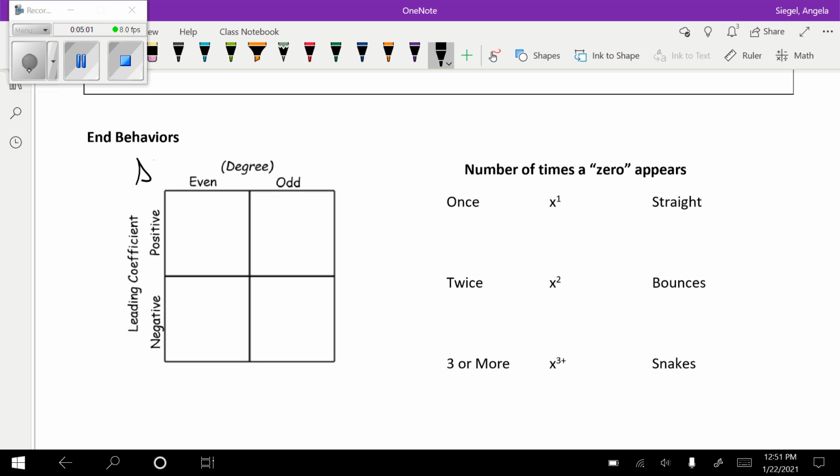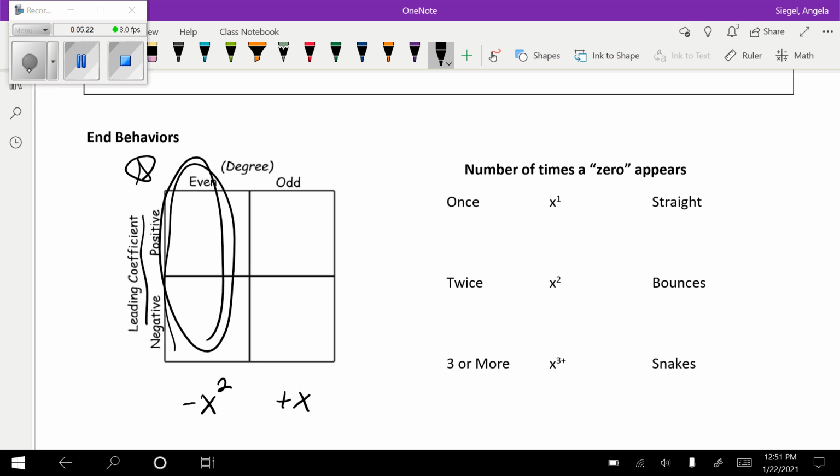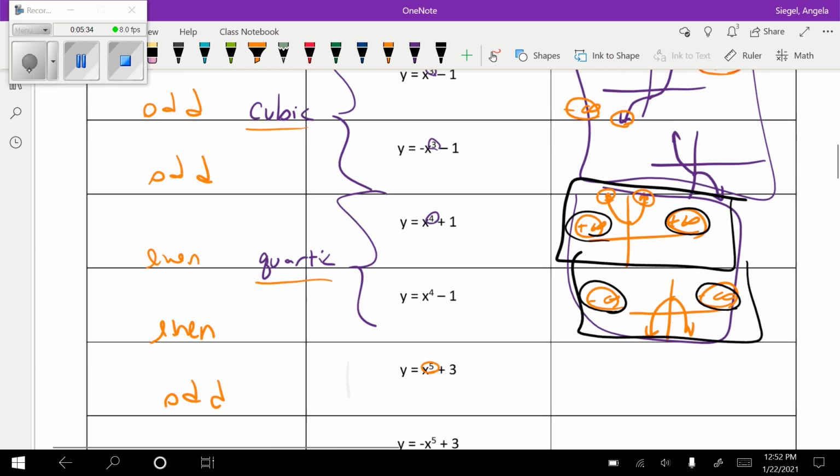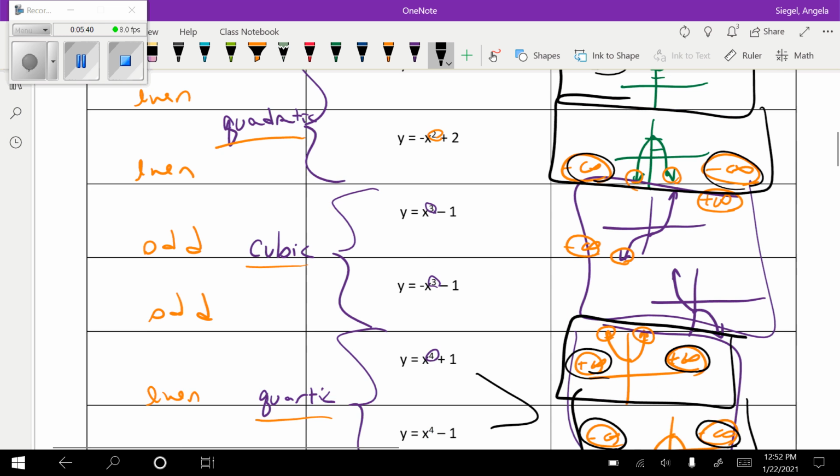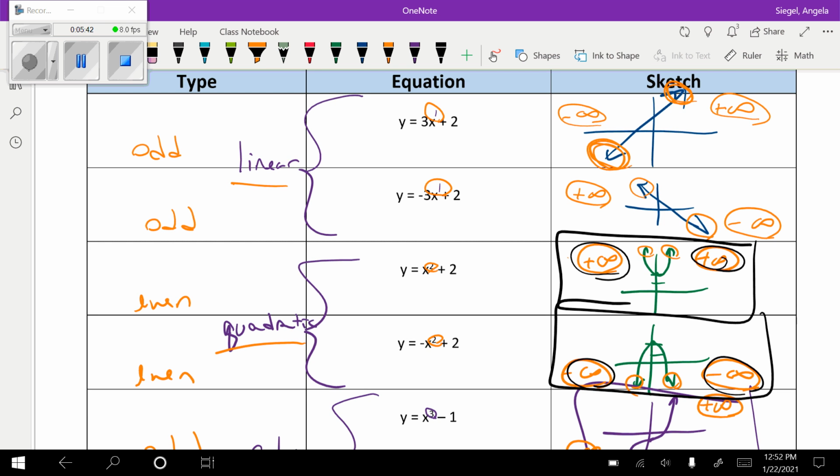So if you notice this chart here, we're looking at the even functions right now. If you'll remember, the leading coefficient is the number in front of the term with the highest exponent, that determines the degree. For instance, we have negative x squared or positive x squared. I want you to make a connection where one of them is positive, positive, and one of them is negative, negative. Go ahead and look up at our functions. It doesn't matter if it's a 2 or a 4. Let's look at this one, and actually, let's look at this one.